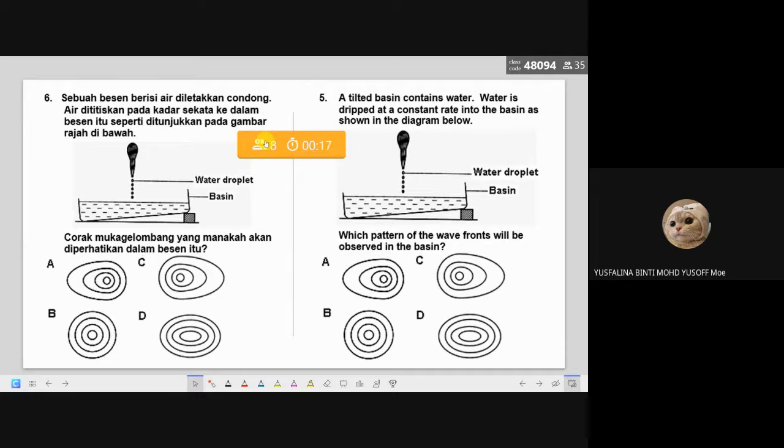So in this one, which one is the deep part? Which one is the shallow part?